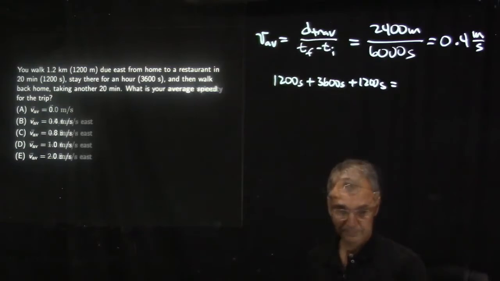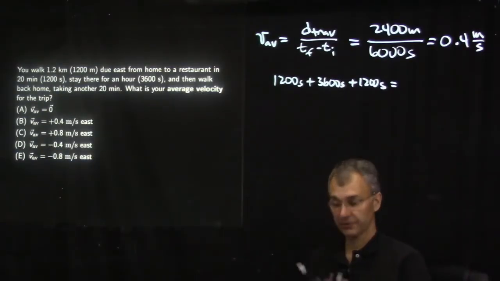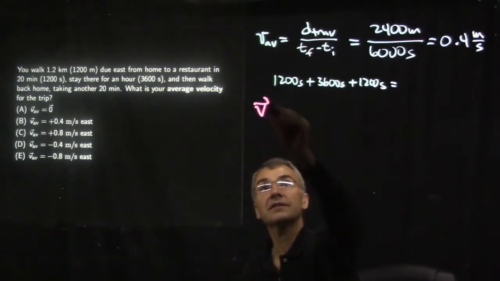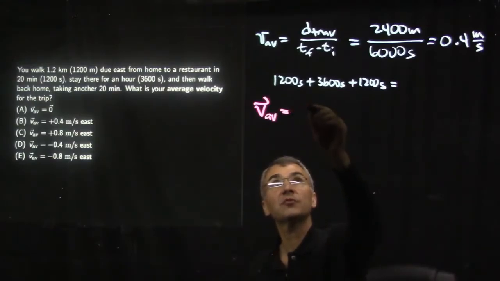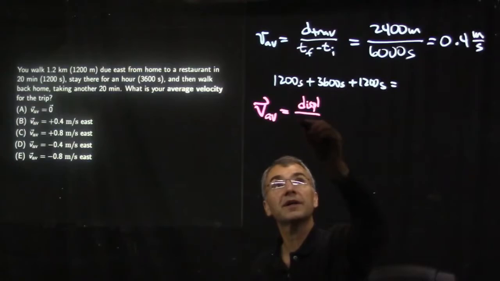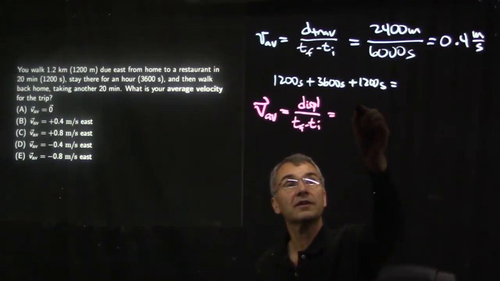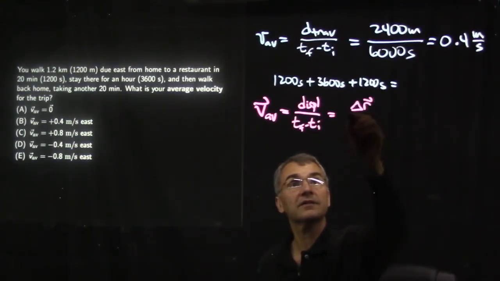Okay. Same scenario. What is your average velocity for the trip? Well, the average velocity is my displacement divided by the change in time. So that's just delta r divided by t final minus t initial.